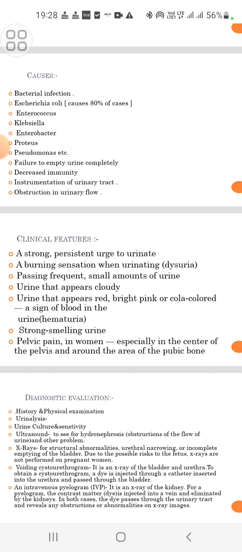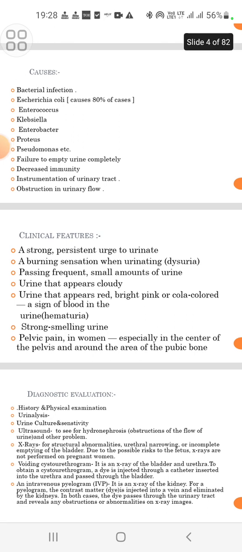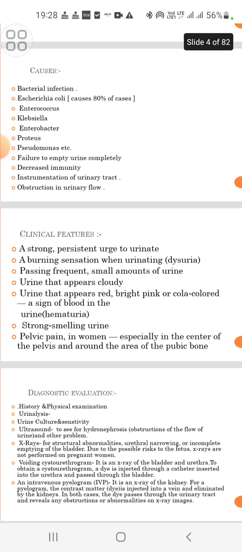And the intensity of the pain cannot be measured here, because many causes are there, like formation of calculus and benign prostate hypertrophy. So according to the causes, the intensity of the pain will be different.